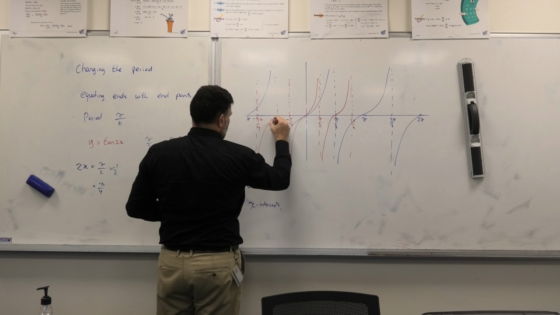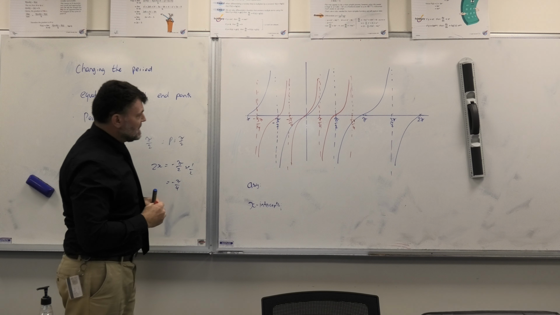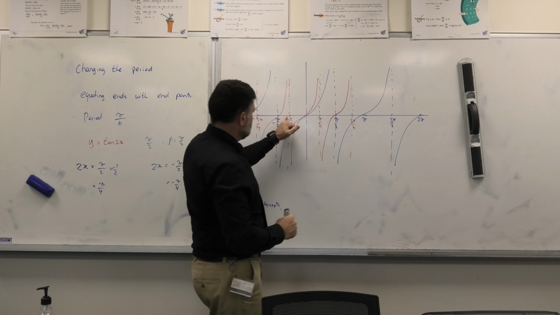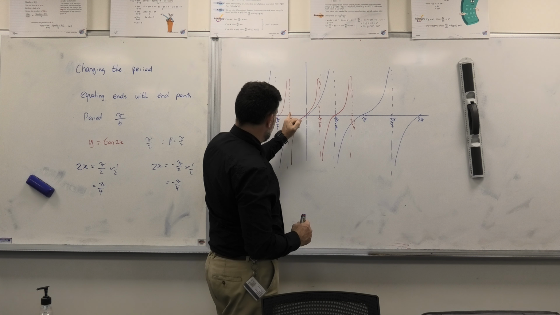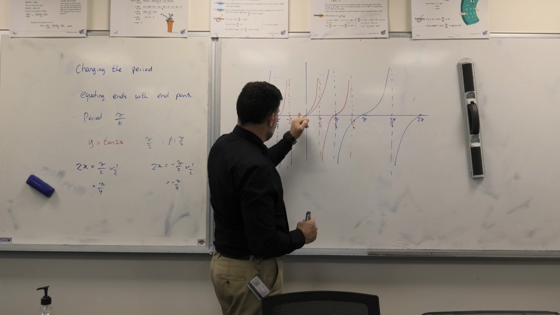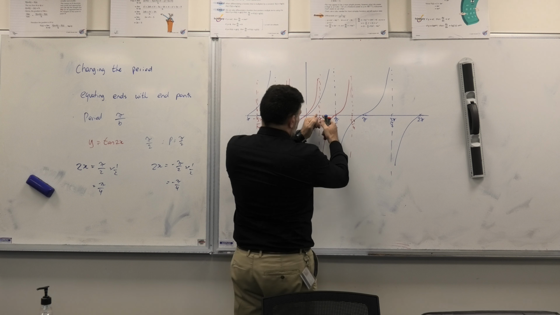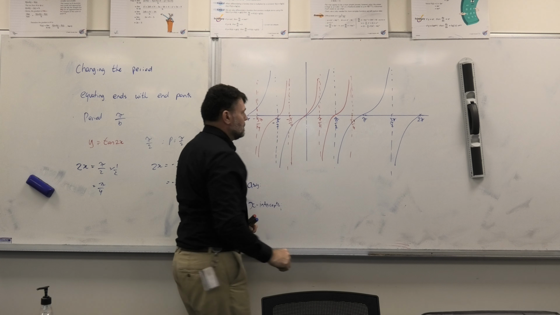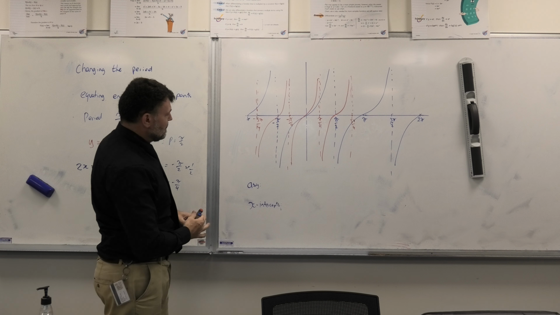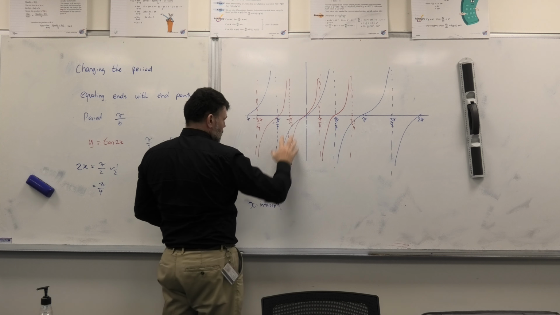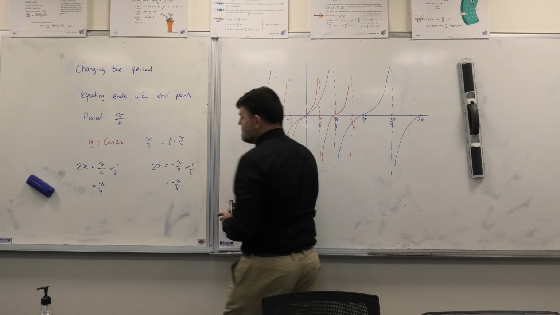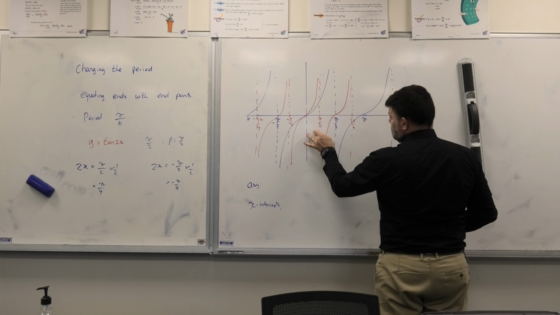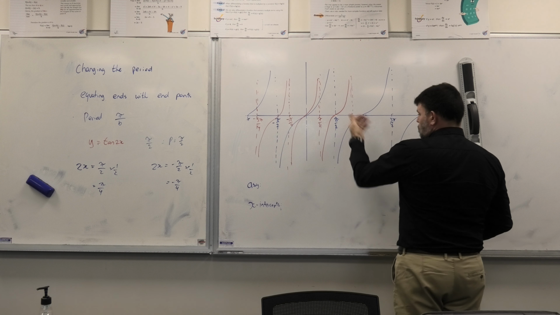So now I can come through here, and you can see that I moved everything over by a half. This stays the same because we've still got a half here. This here has moved over by a half, so it becomes a cross point. So you can see that by working out your endpoints, your period is a half now. So pi on 4 plus a half should give me 3 pi on 4.